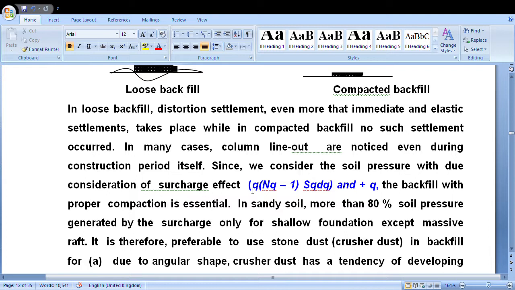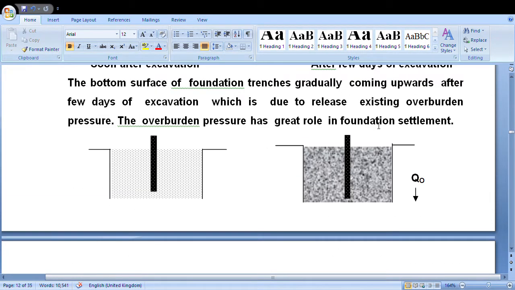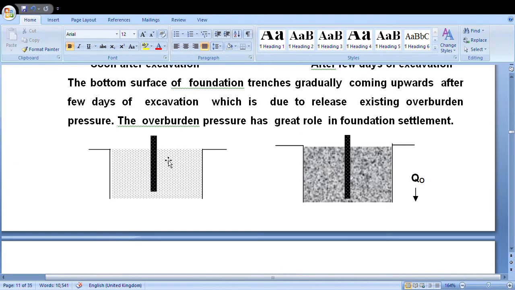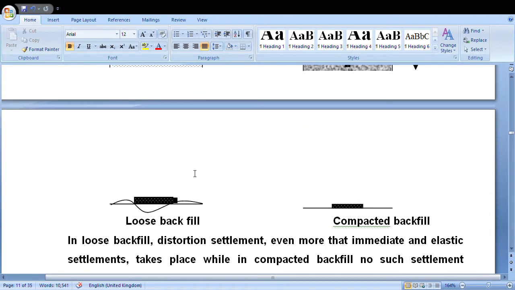When c is 0, the cohesion factor will automatically be 0, and only the surcharge factor remains, and this net overburden pressure shall be produced if we properly backfill with the original state of compaction or more than that. If we can compact more than that, there will be less settlement. When we just put in some excavated material, there will be chances of distortion settlement under the foundation.